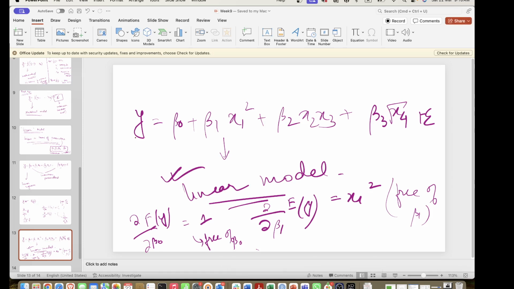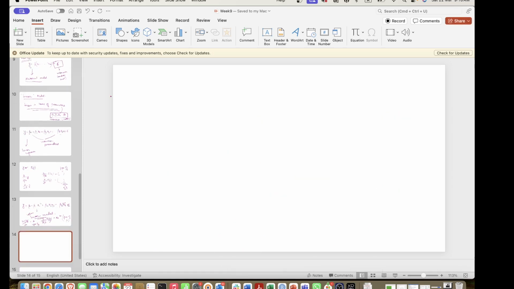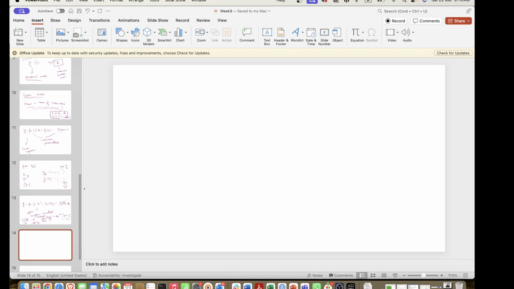So this is how you would call a linear model a linear model.